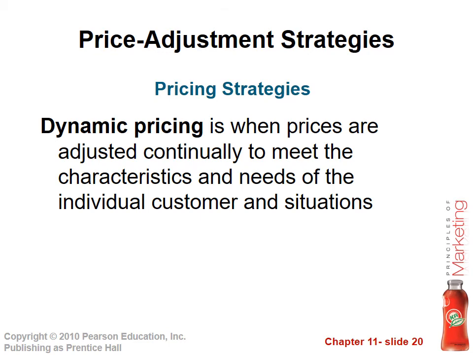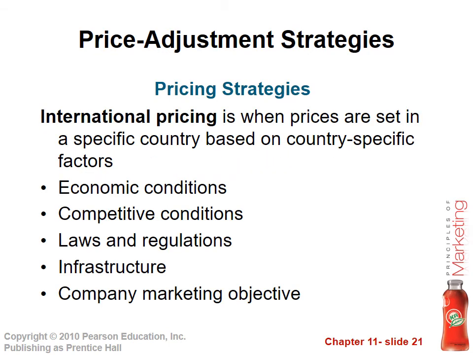That is dynamic pricing. The next one is international pricing, which is when prices are set in a specific country based on country-specific factors. So in order to set an international price, you have to consider several factors such as economic conditions, competitive conditions, law and regulation, infrastructure, and the company's marketing objectives.